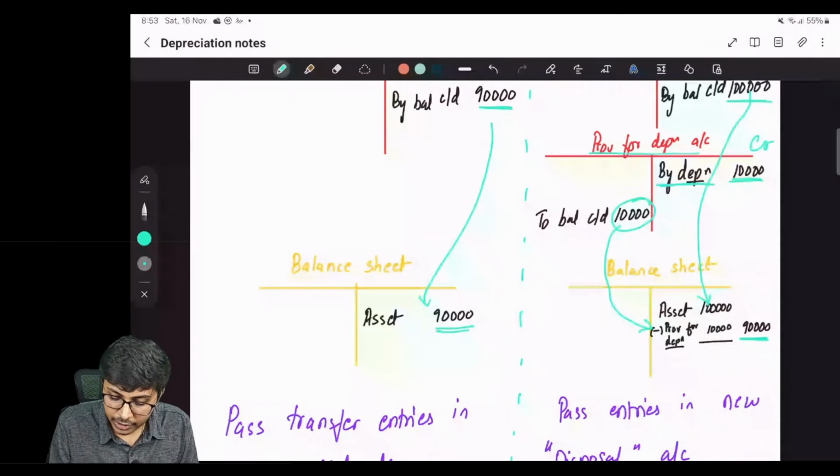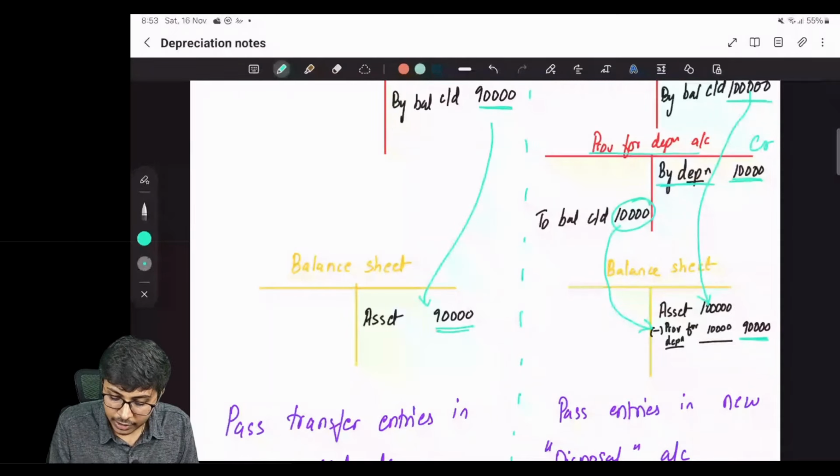On 1st July 2021, see, the year end is 31st December, so here you should provide depreciation for both the assets. After that, they are telling that on 1st July 2021 this asset, suppose this is A, became obsolete and we sold it for 3,86,000, correct?